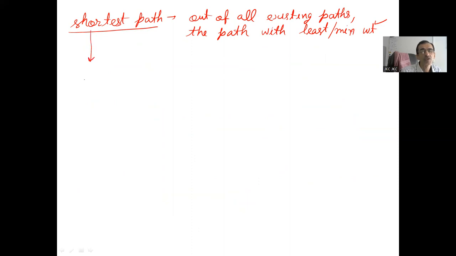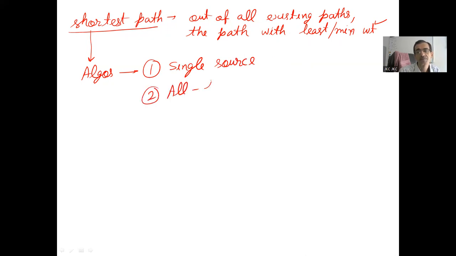So shortest path algos are effectively of 2 categories. One is called single source shortest path, and the other is called all pair shortest paths. As the word suggests, single source will mean that the source will be predefined. So source will be fixed.